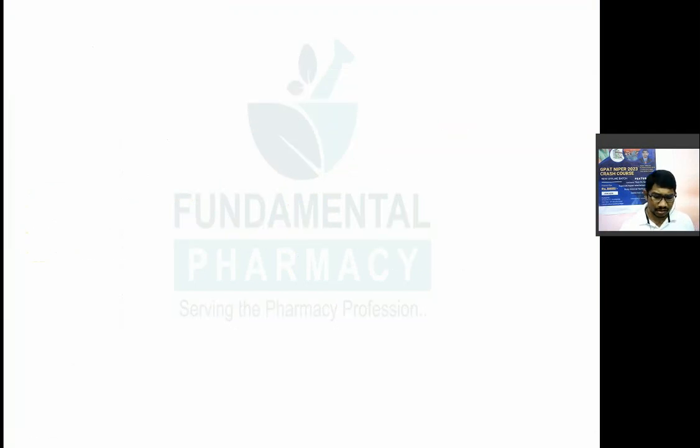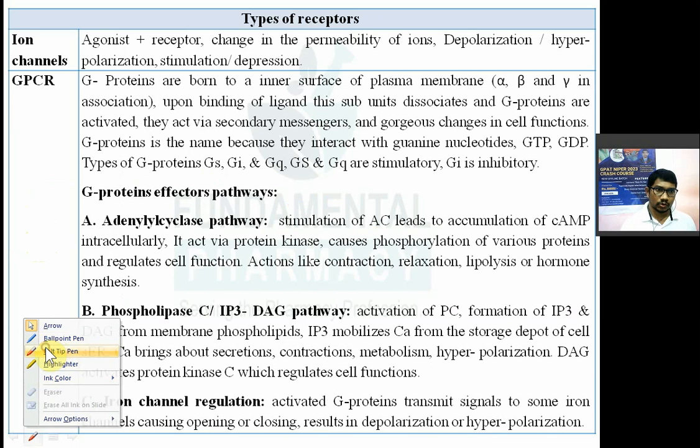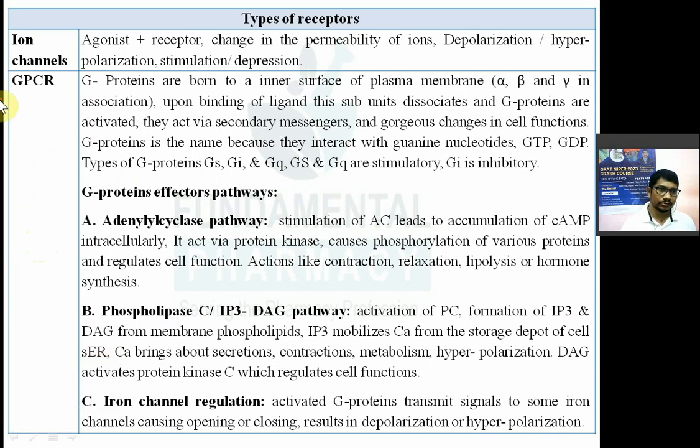A drug or a ligand which will interact with the G protein, there is a dissociation of these subunits of G protein. Then there is a generation of secondary messenger. Okay? That secondary messenger stimulates either GS, GI, GQ. Okay? Then these act via secondary pathways or they act via G proteins effector pathway.